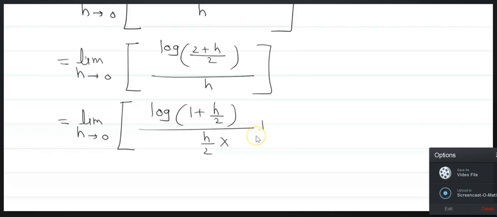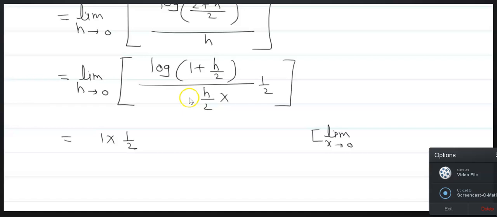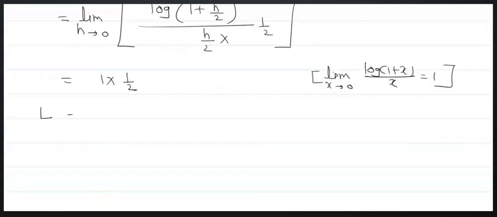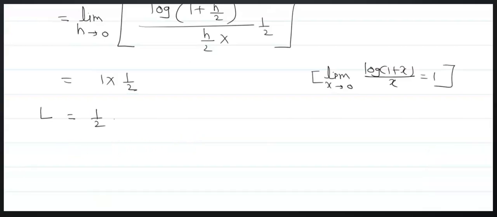The value of this limit is again 1, so 1 into 1 upon 2, overall it is 1 upon 2. Log of 1 plus x upon x, as x tends to 0, the value of that limit is 1. Therefore, L is equal to 1 upon 2.